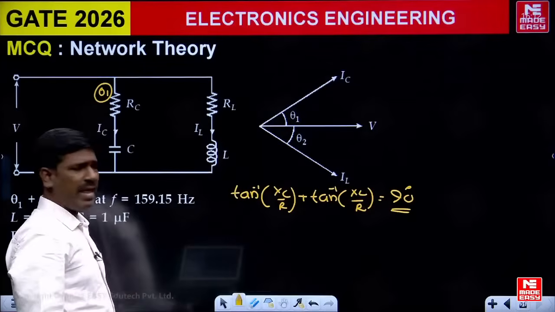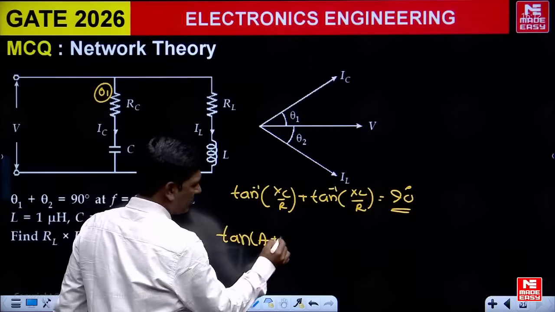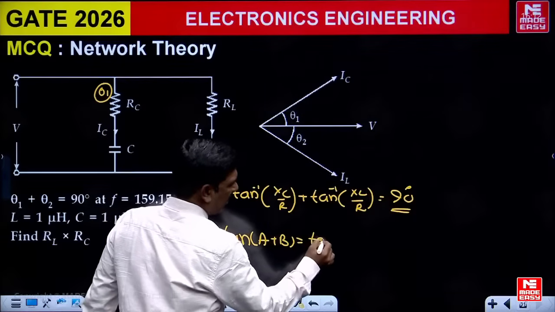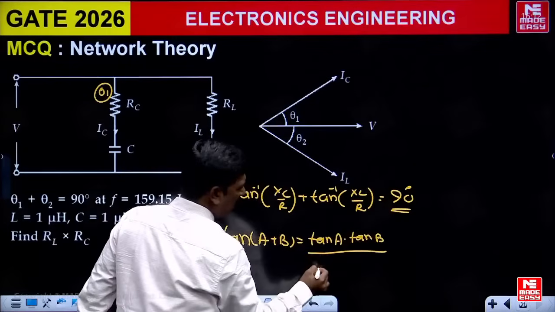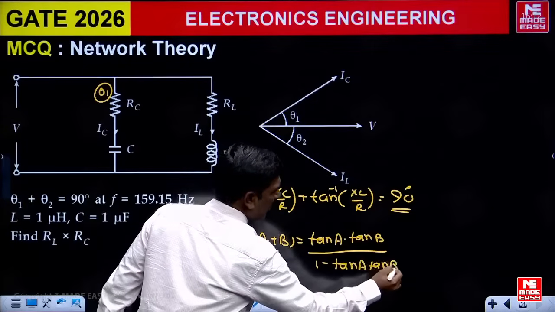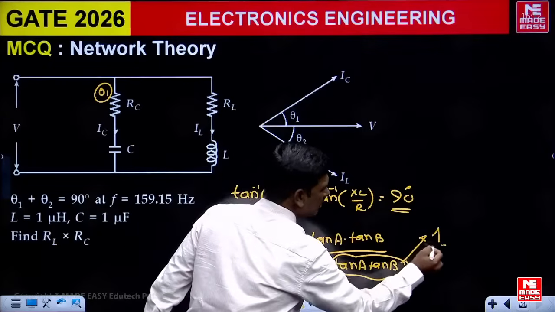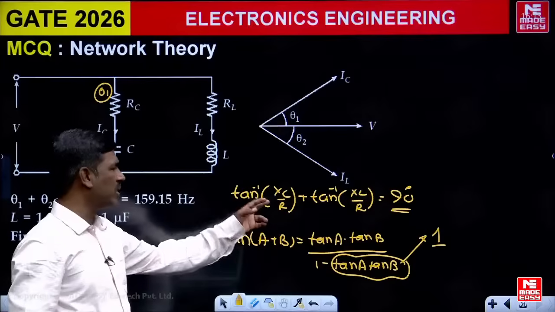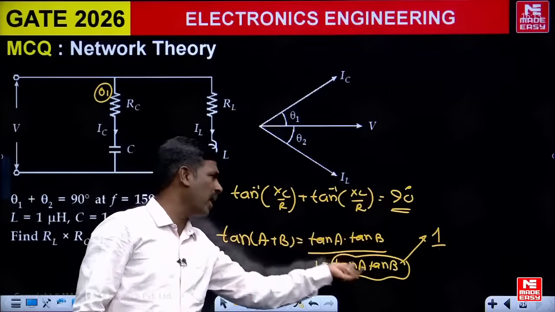If we apply the tan A plus B formula, it is tan A plus tan B by 1 minus tan A tan B. So when it goes to 90 degrees, the denominator must be equal to 0. Just substitute the values of A and B, which are 1 by omega CR and 1 by omega LR.